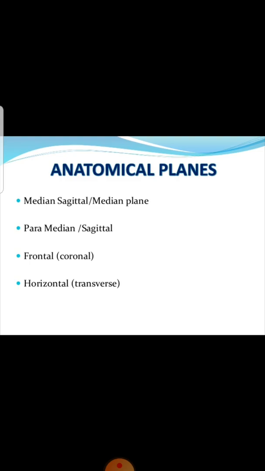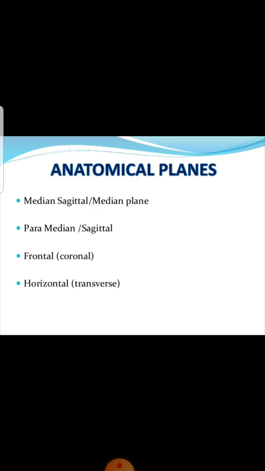You have different angles from which you can see that car. Similarly, your body is also cut in different planes, and we look at the structures differently in different planes.